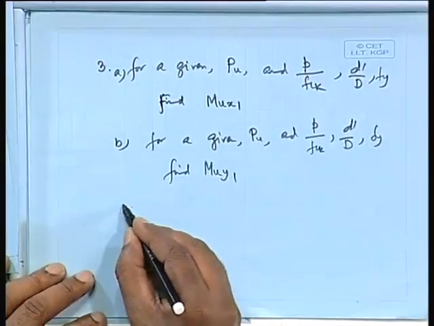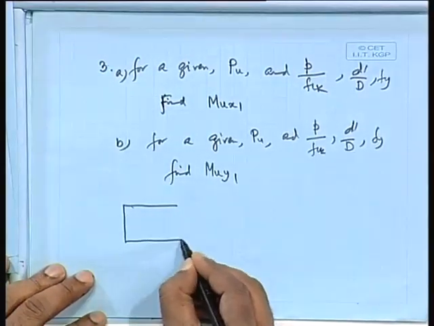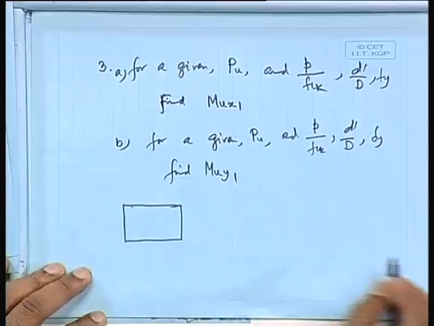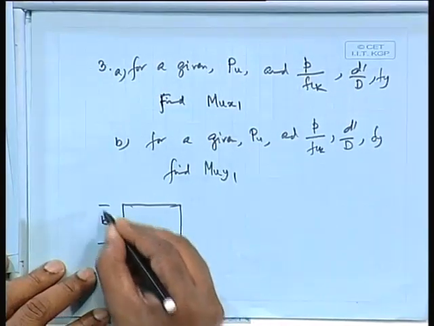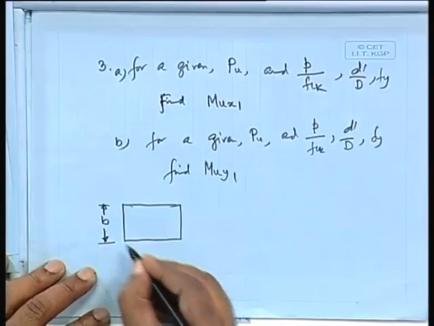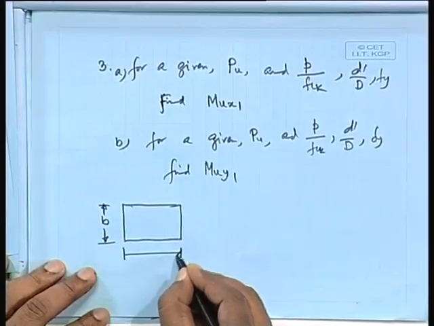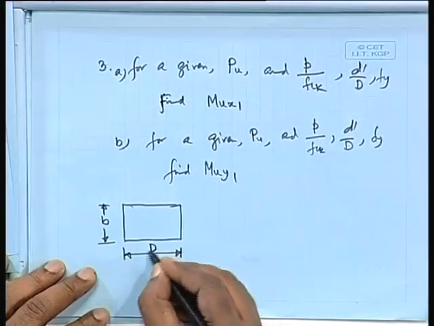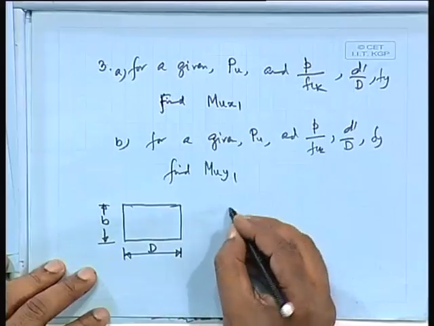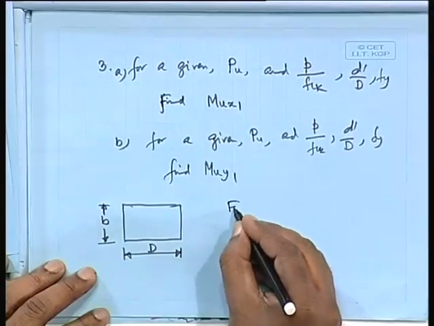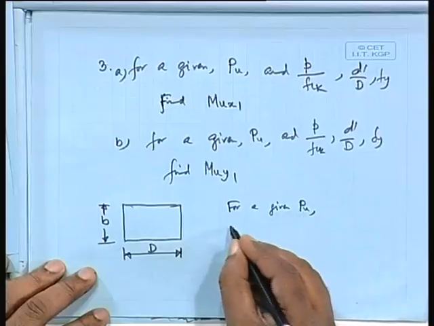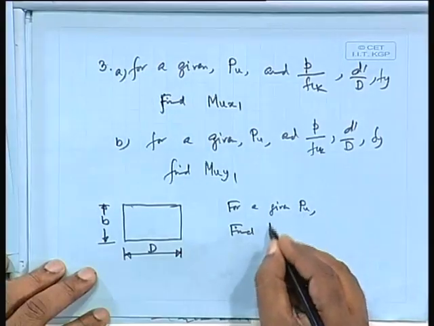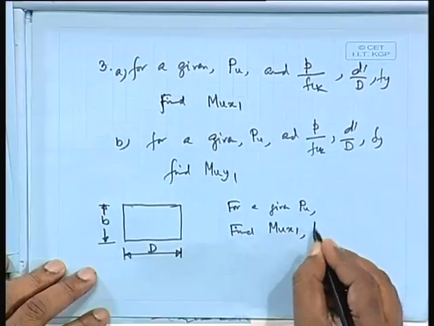If this is your section, with B and D, I can find what I have told, Mux1 and Muy1.